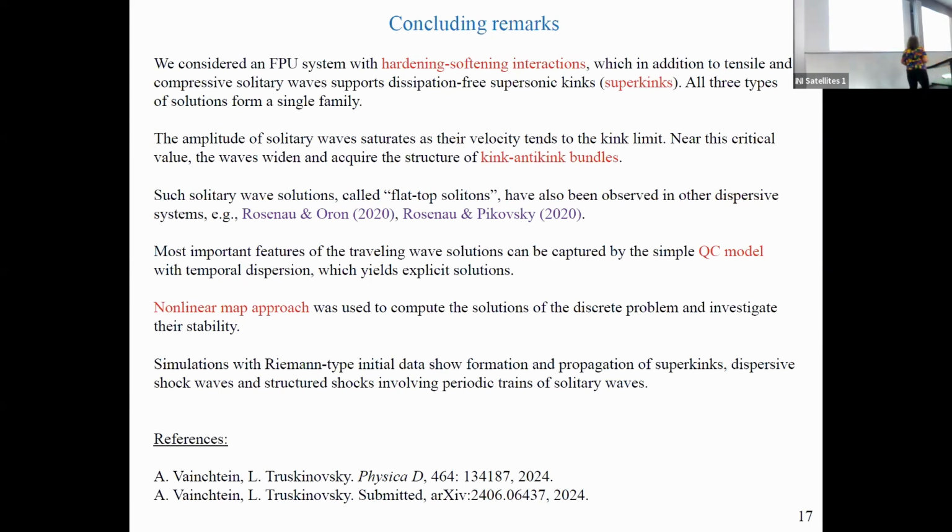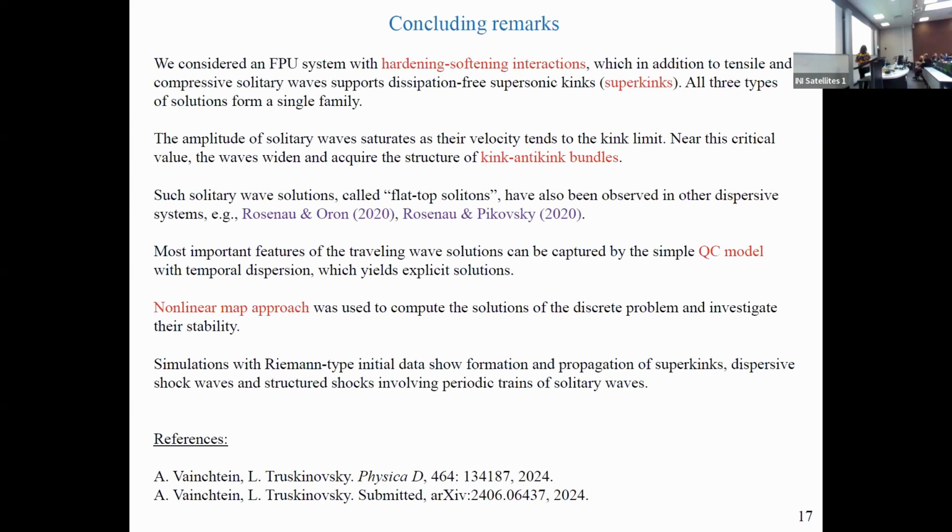Okay, so, conclusion. We looked at the FPU problem with hardening-softening interactions, which in addition to solitary waves support compressive kinks, super kinks, which are dissipation-free, and we saw that as the super kink limit is approached, the solitary waves acquire this kink-antikink bound structure.